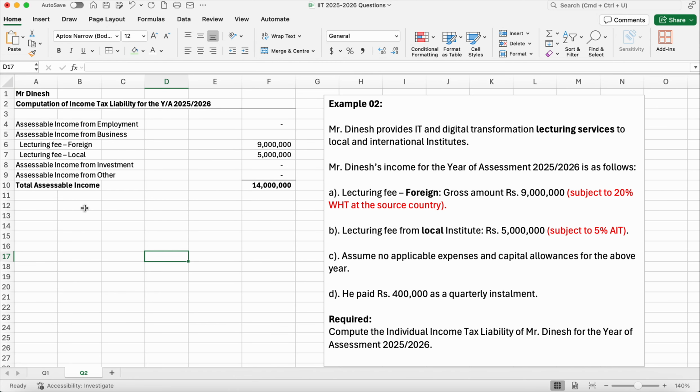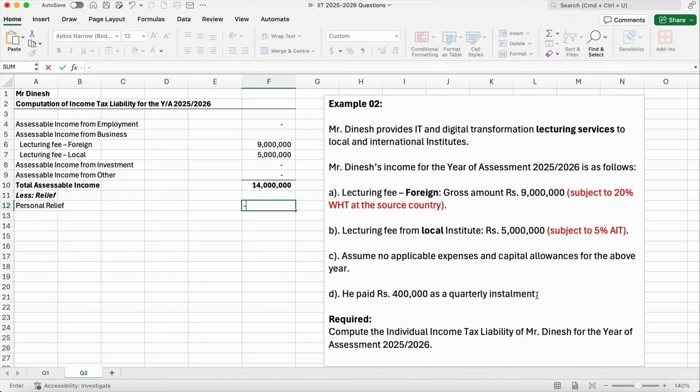Then what we can do is deduct the reliefs. What are the reliefs? Based on the given scenario, we don't have any other relief mentioned, so we can consider only the personal relief, which every resident individual is entitled to: 1.8 million.